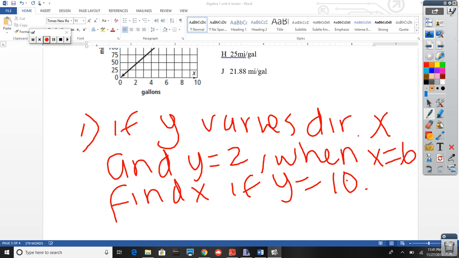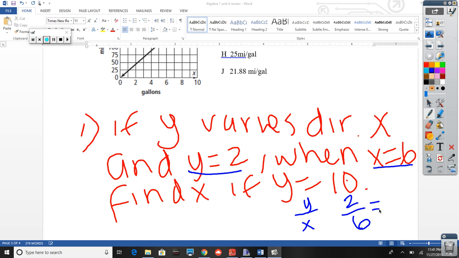This is actually an easy problem. All you have to do is set up a proportion where you have y over x. So the y is on top, where the first one says y equals 2 and x equals 6, I'm going to do 2 over 6.